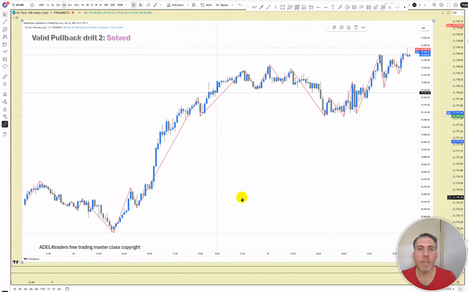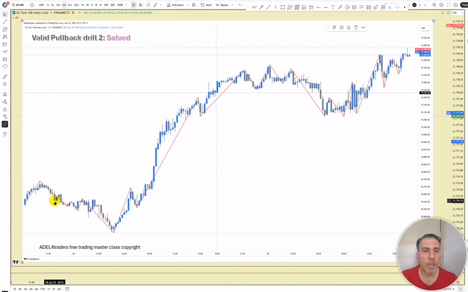So I have just taken the screenshot of the solid one, valid pullback drill, second one out of the second set. If we start from here, we have some up closing candles. Here also we have an up closing candle. The low of this up closing candle is taken by this candle, so we have this U-turn. Neat U-turn one.